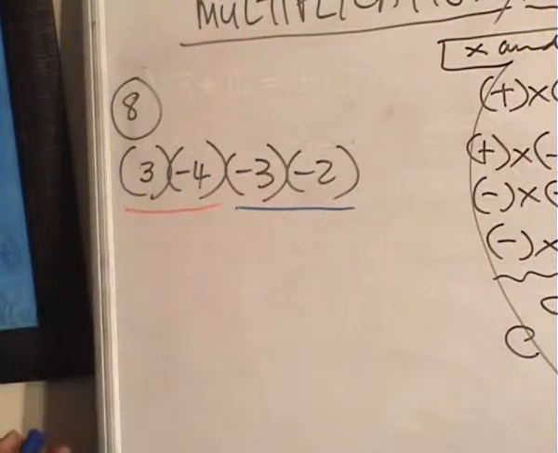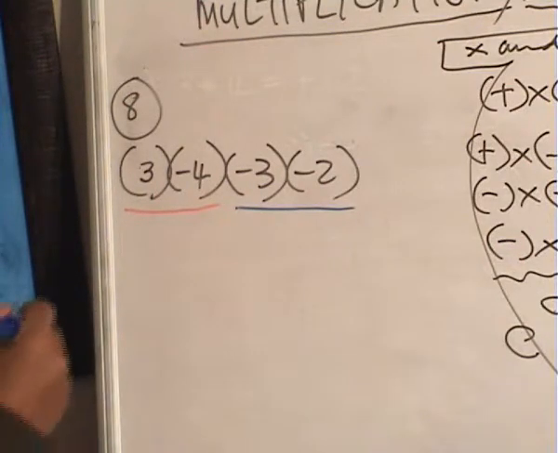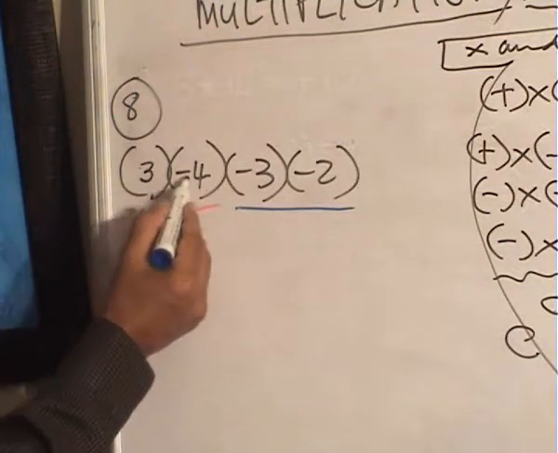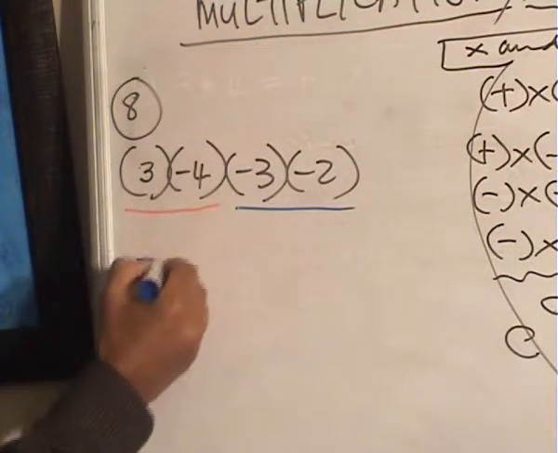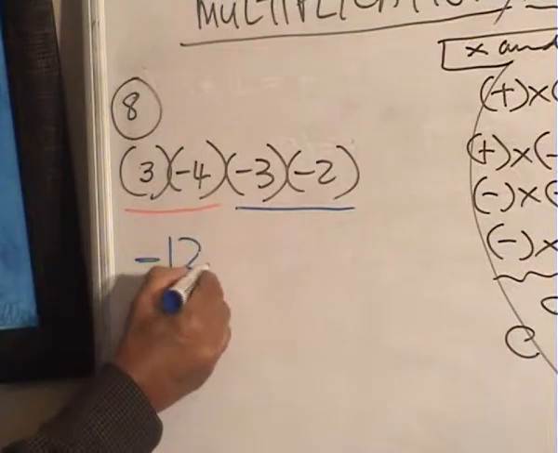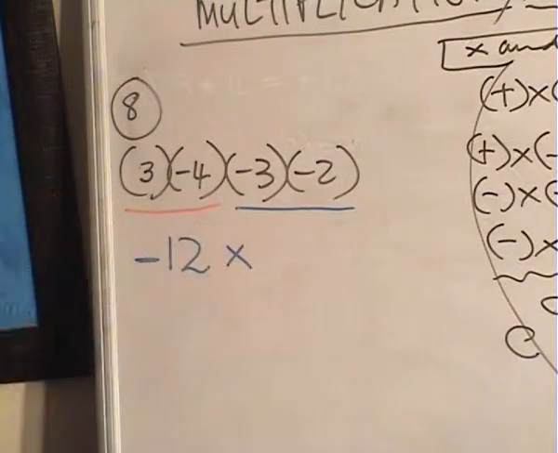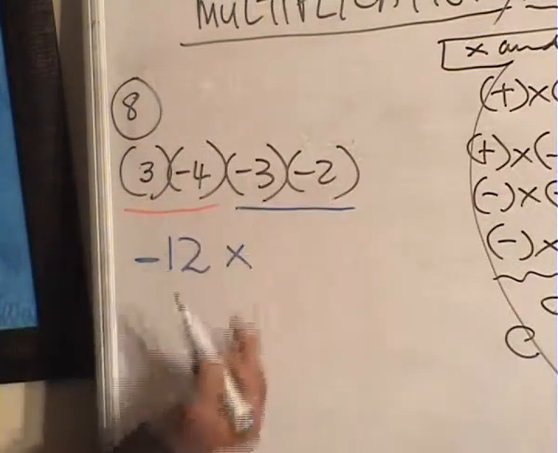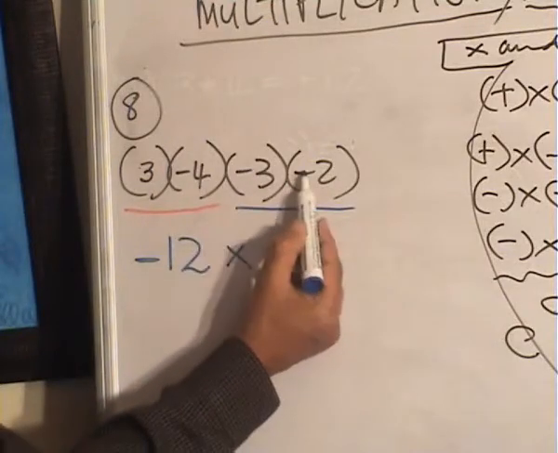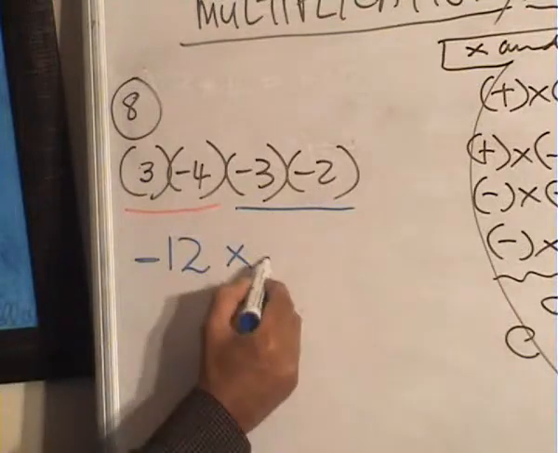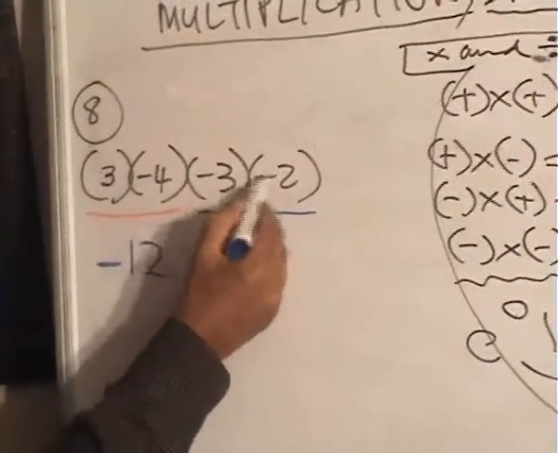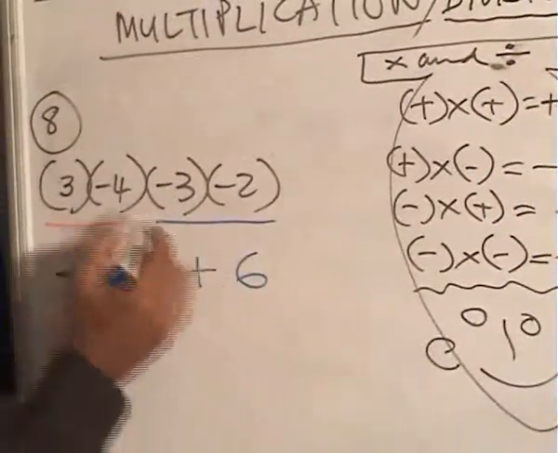If I multiply these two numbers, a plus times a minus is a minus, 3 times 4 is 12. Then I'm multiplying these two numbers, minus 3 times minus 2: a minus times a minus is a plus, 3 times 2 is 6.